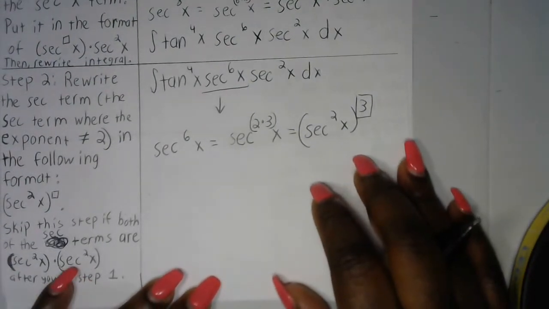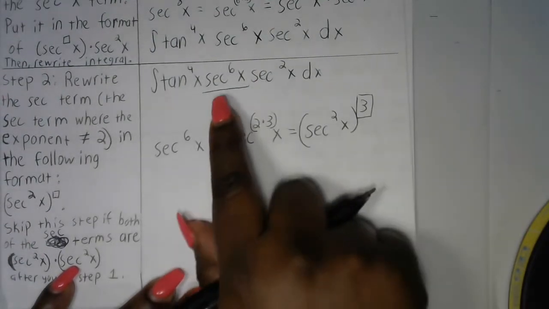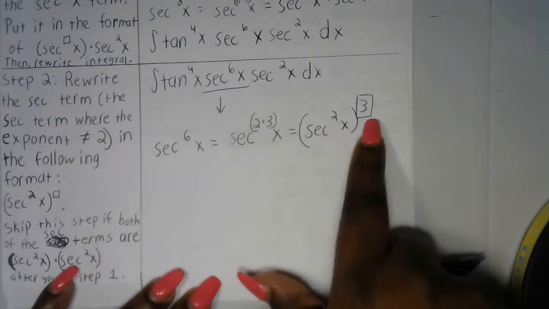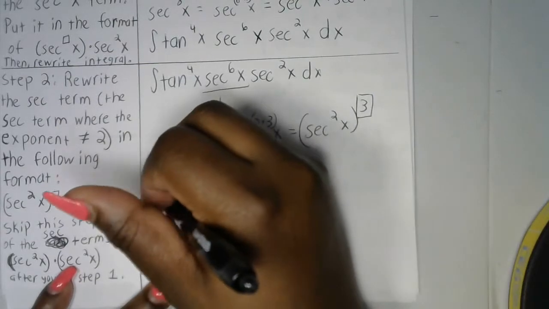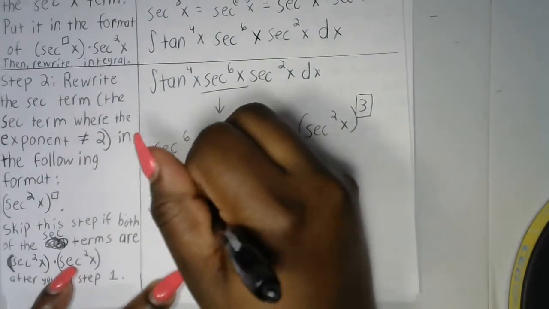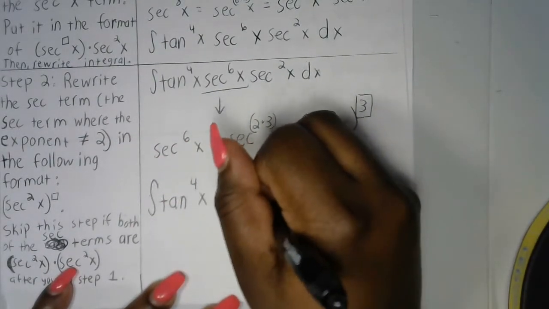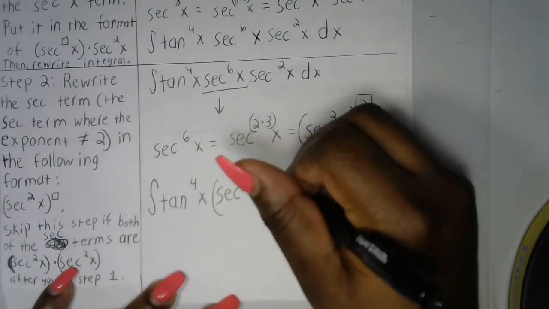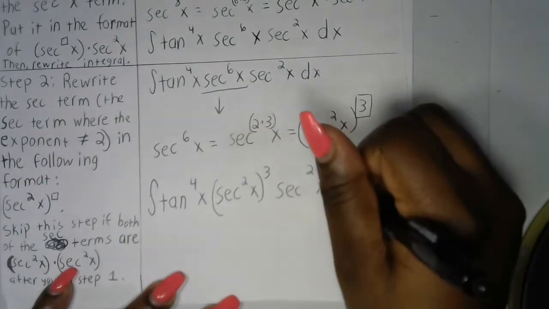Now we're going to rewrite the integral, and where we put secant x to the 6th power, we're going to put secant x squared and all of this to the power of 3 instead. So now we'll have the integral of tan x to the 4th power times secant x squared and this whole thing to the power of 3 times secant x squared dx.